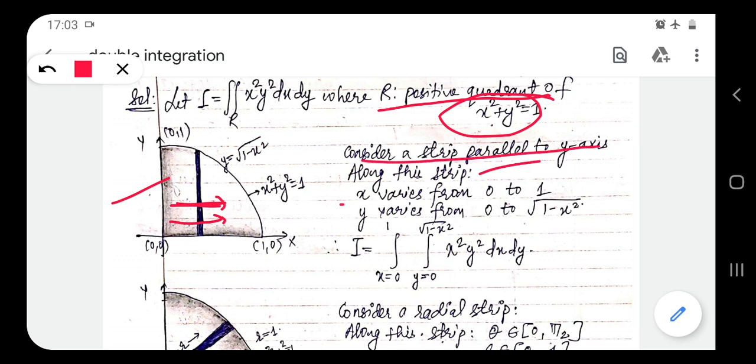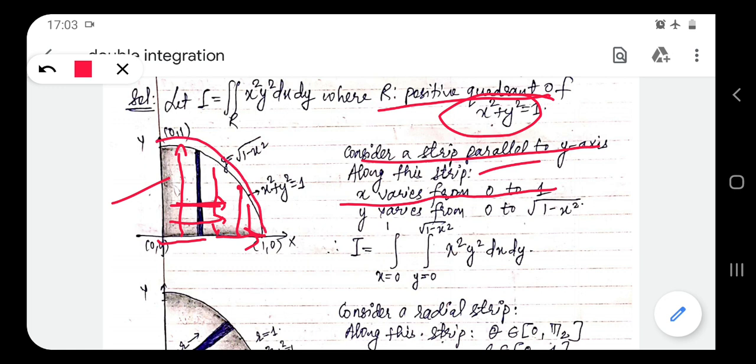Along this strip, x varies from 0 to 1. We can see that x is running from 0 to 1, and y is running from 0 to y, moving like this. So y is stopped by this curve on the top.